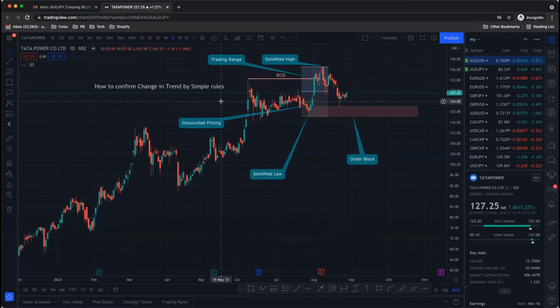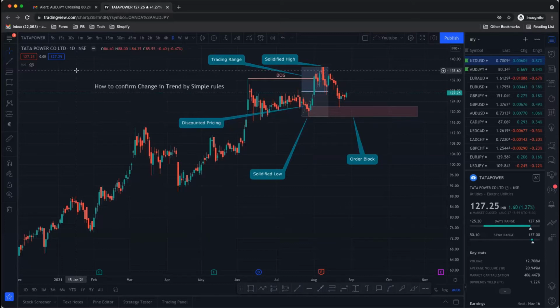Someone commented on one of my videos asking for examples of some Indian stock markets. So I'm taking an example of one stock, Tata Power, and you can apply it on any chart which has candlesticks. It doesn't matter whether it's stock market, options, indexes, or forex, it applies to all.